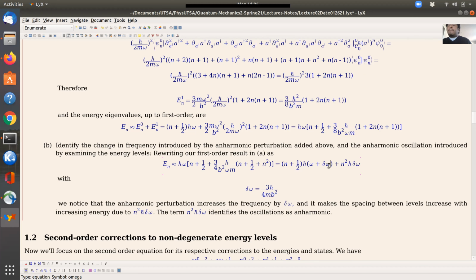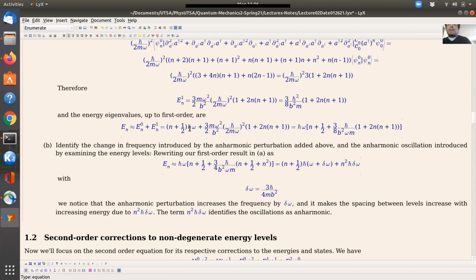But at this point, it doesn't explain or show anharmonicity, it just shows a shift in frequencies. The anharmonic part is basically this one. So you have a shift in frequency and also a term that somehow cannot be explained by the harmonic oscillator.